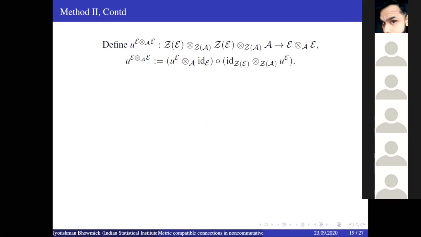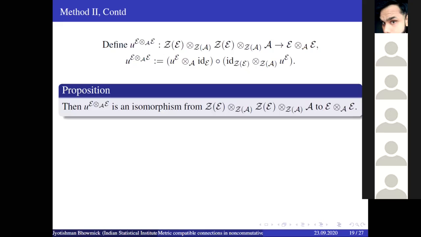So suppose you look at this map. In layman's terms, it says the following: suppose you take an element omega from here, eta from here, and a from here. Then this map sends omega tensor eta tensor a to omega tensor eta a.